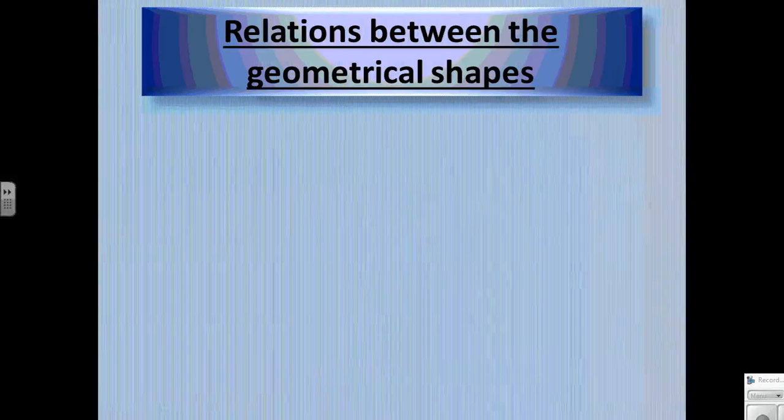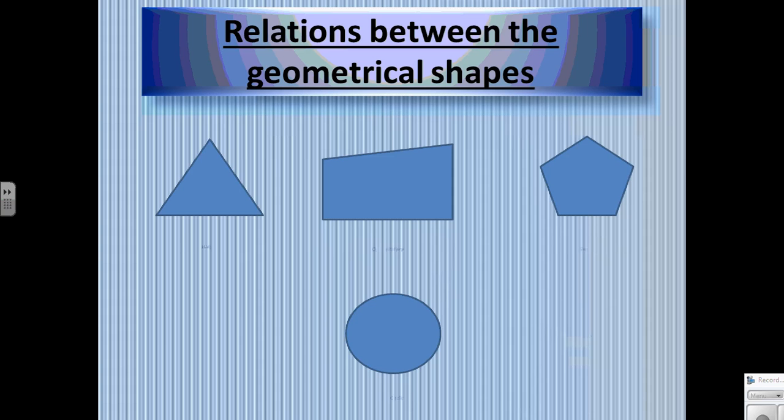So our lesson today is talking about geometry and the geometrical shapes, and we're going to see what the relations are between these geometrical shapes. Of course, we know that we have a lot of geometrical shapes, such as triangle, quadrilateral, pentagon, circle.